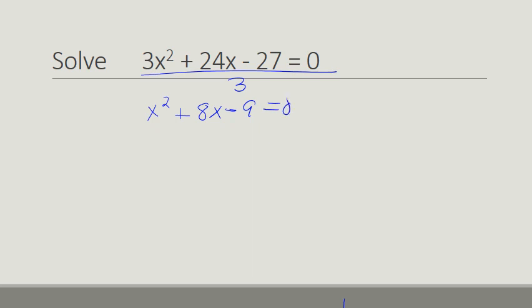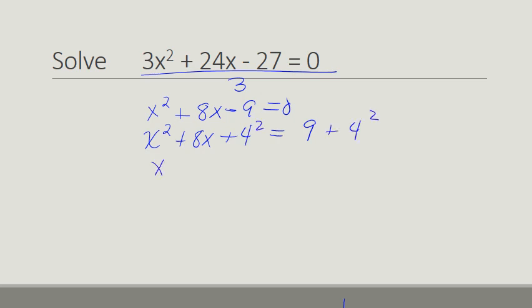Okay, so if I move the 9 over, I get x squared plus 8x equals positive 9. If I take half of 8, that's 4, and I square it.